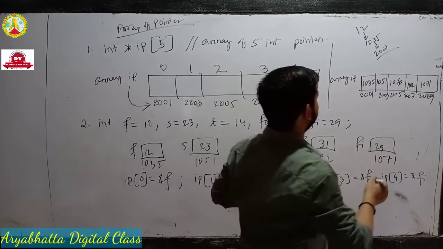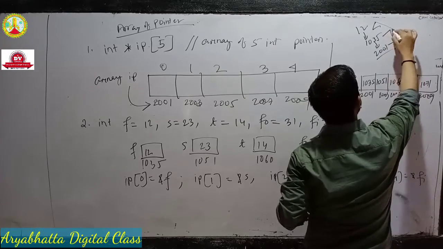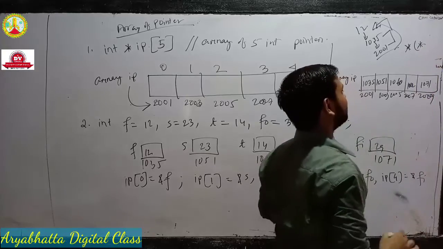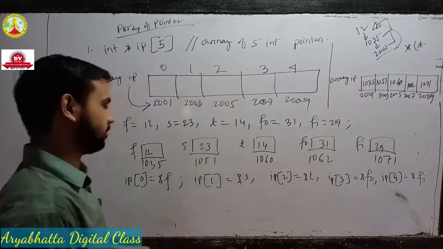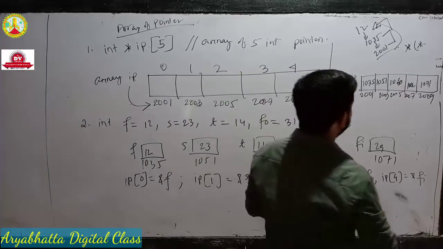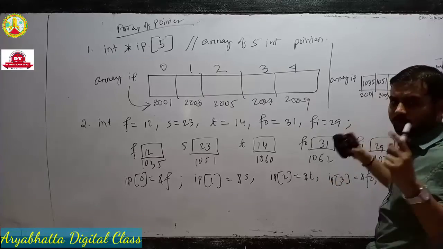It means how can we access the value? We can access this, after that this, after that this. This concept means two stars, star and star, will be declared. Two stars will be needed for accessing the value. Why? Because we have to pass through two memory addresses.